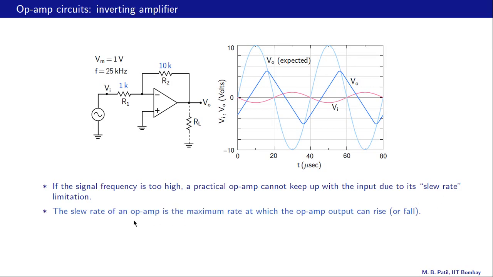The slew rate of an op-amp is the maximum rate at which the op-amp output can rise or fall. And for the 741 op-amp, the slew rate is 0.5 volts per microsecond. So in 1 microsecond, the op-amp output can only rise or fall by 0.5 volts.